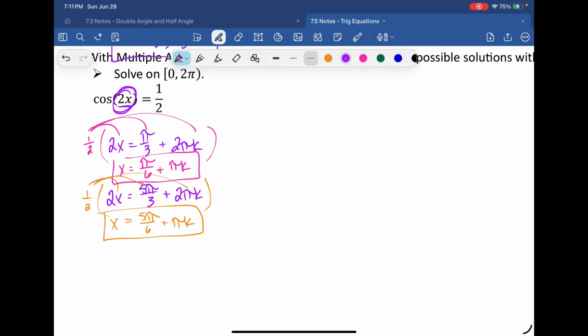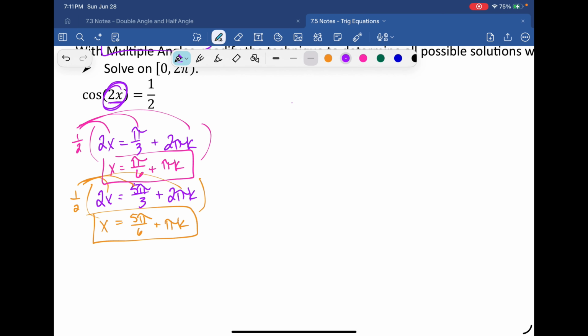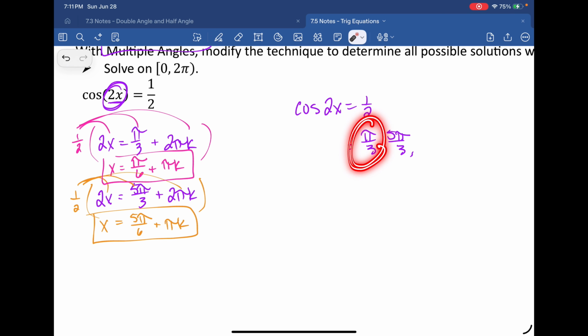Okay, so what I would do, all right, I'm going to go back to my cosine. 2x equals 1/2. Where I have my x of 1/2, we know it's pi over 3 and 5 pi over 3. But let's say I rotate around 1 full circle from pi over 3.